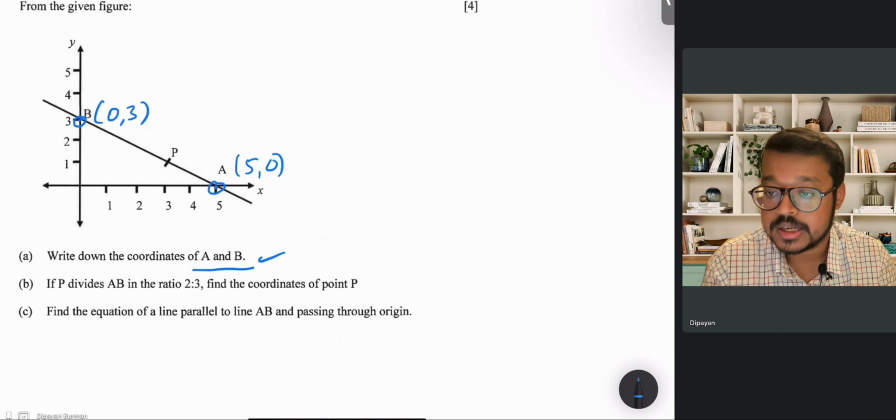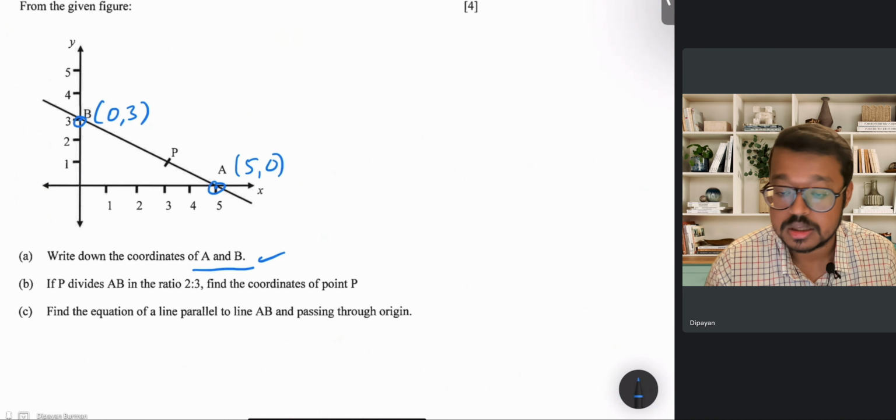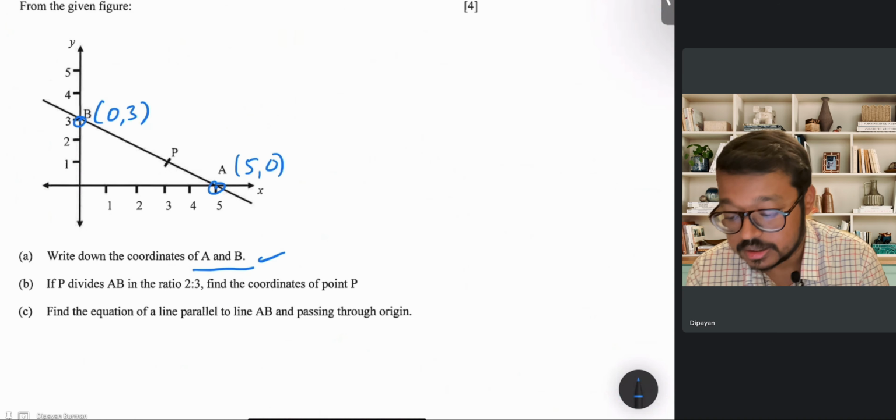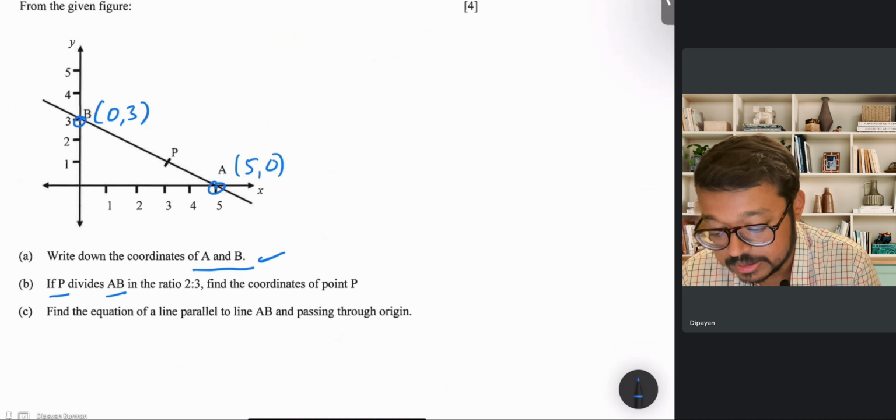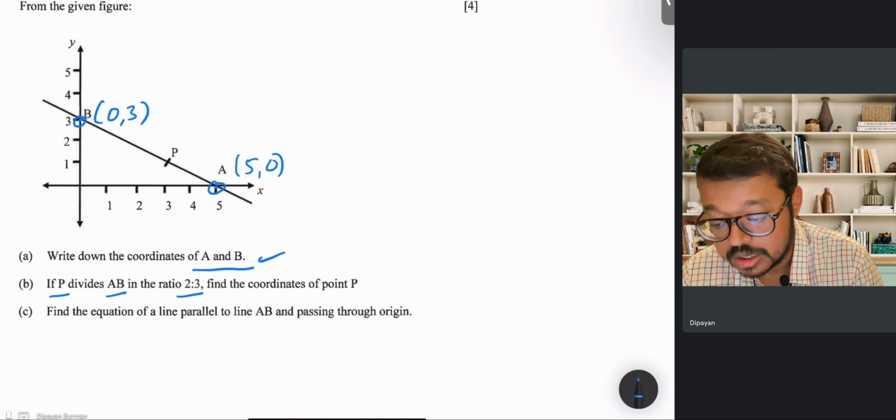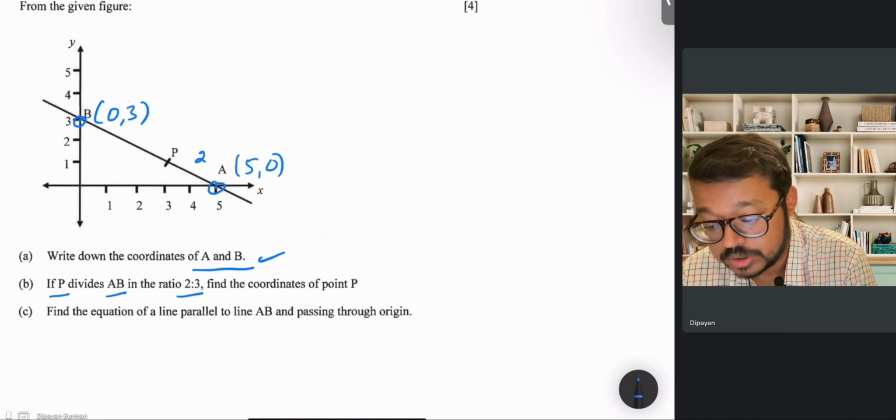Now visually I can make an estimate, but since they have given some data, like P divides AB in the ratio 2:3, that means AP is 2 units, BP is 3 units.